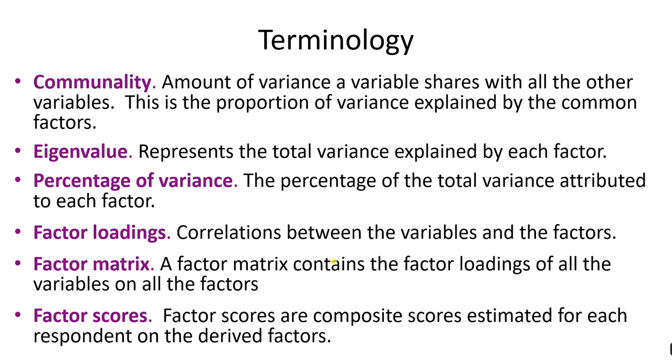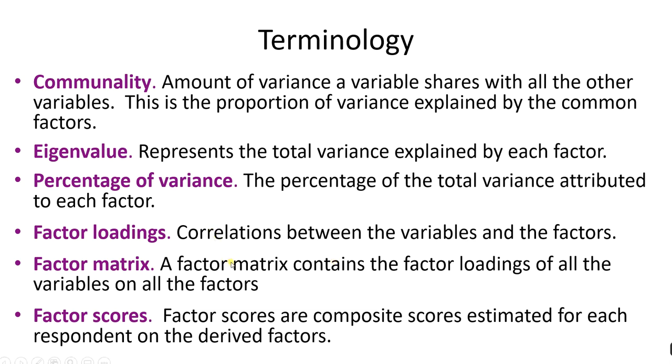Percentage of variance, the percentage of the total variance attributed to each factor, and it is equal to the obtained eigenvalue divided by maximum possible eigenvalue, or the number of variables, into 100. Factor loadings, the correlation between the variables and the factors.